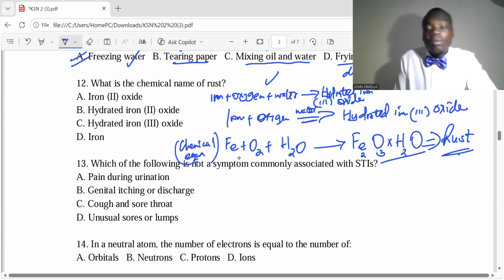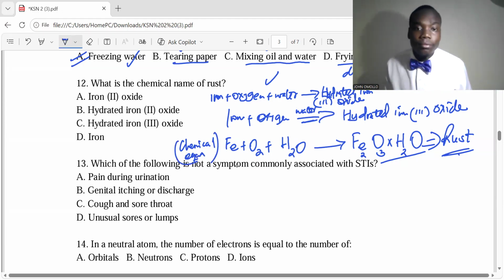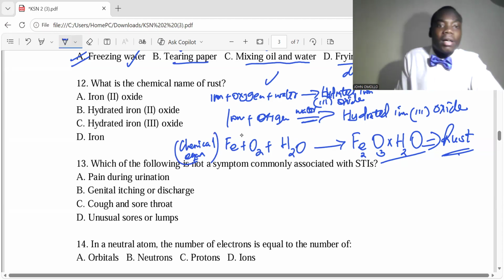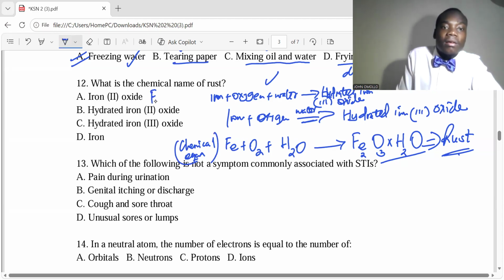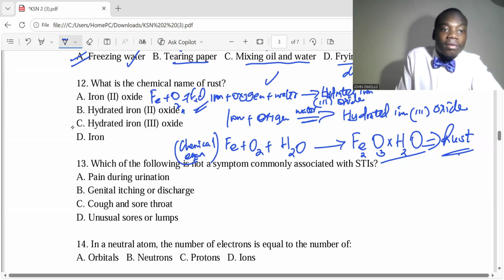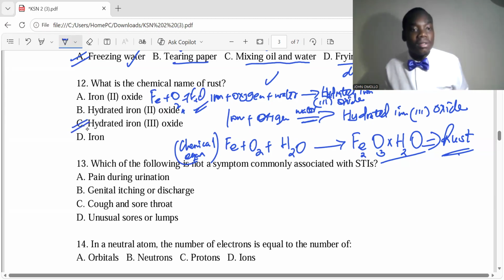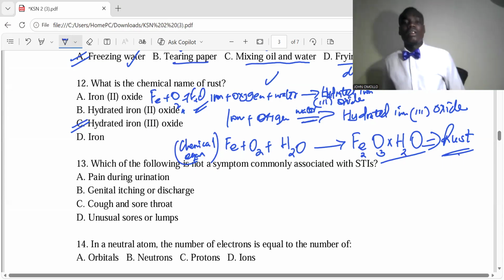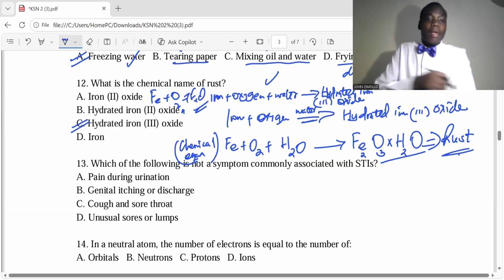Sawa sawa. So these are chemical. So what is our answer? Iron 2 oxide? No, that is when iron and oxygen only react. They form iron 2 oxide, ferrous iron. Hydrated iron 2? No, hydrated iron 3. So in that case, our answer is choice C, which is hydrated iron 3 oxide.